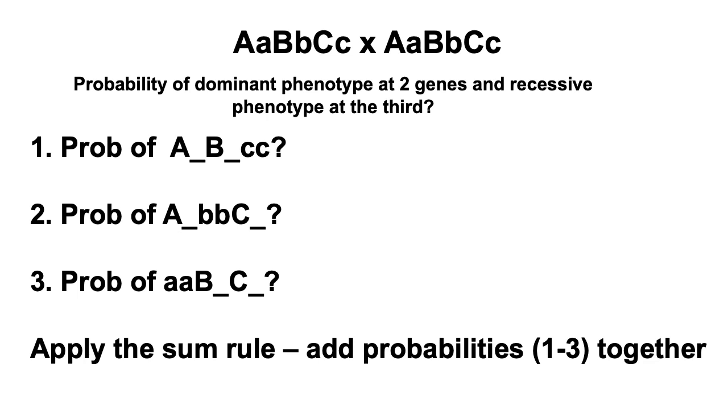So the first scenario there, where we have the dominant phenotype at A, the dominant phenotype at B, and the recessive phenotype at C, can't happen at the same time as the second option, right? These are just 3 different ways that fulfill the question about being dominant at 2 genes and recessive at the 3rd. But they're mutually exclusive. In other words, all 3 of these things can't happen at the same time. So then we would apply the sum rule, where we would add those probabilities together.